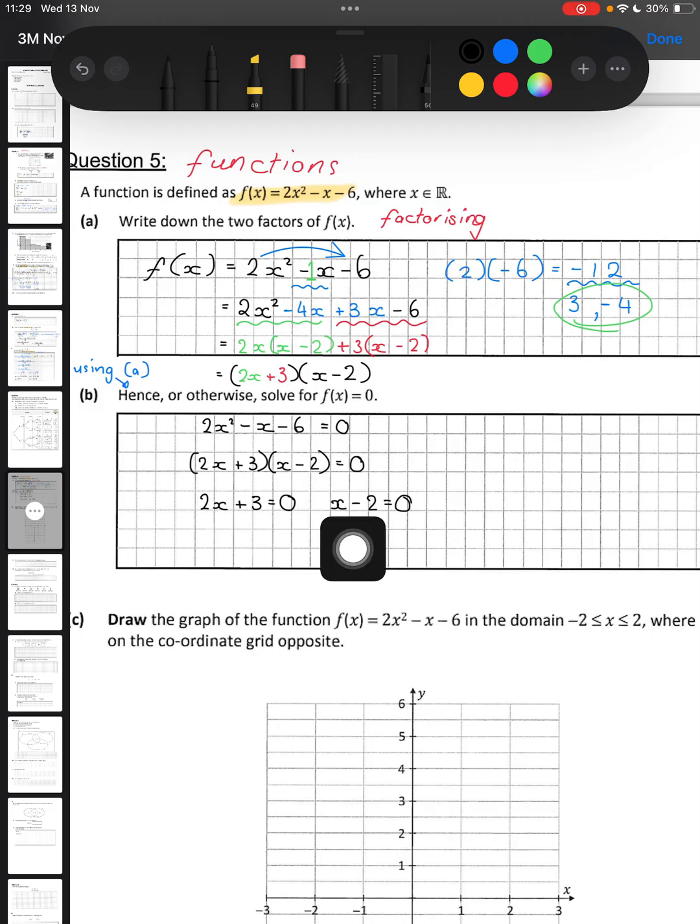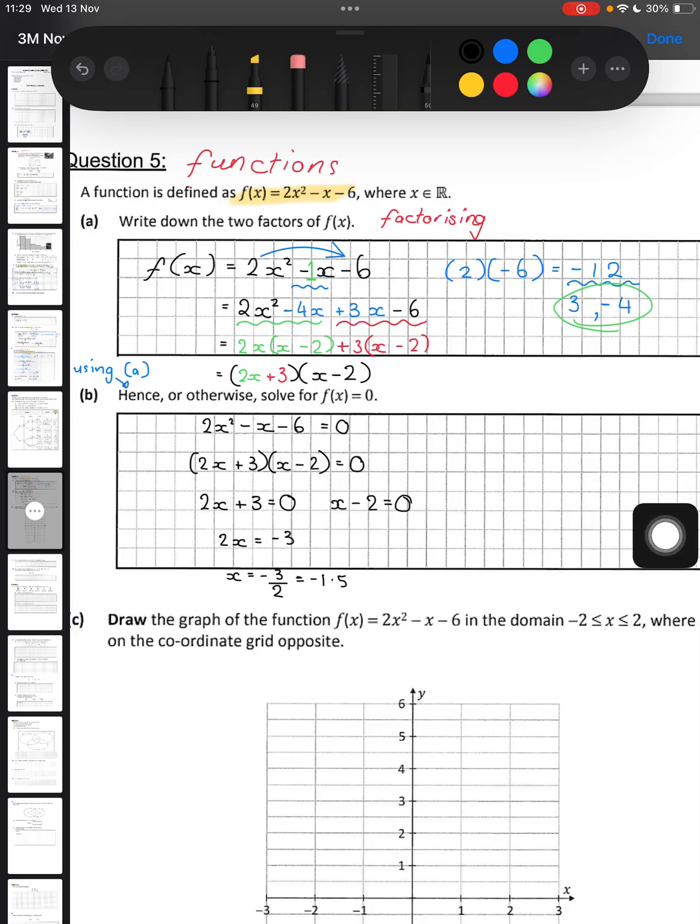I'm going to get rid of the 3 that's adding by subtracting, so I want to subtract 3 from both sides. And then I want to get rid of the 2 that's multiplying by dividing, so I'm going to divide by 2. So I have x is minus 3 over 2, or if you want to write it as minus 1.5, that's fine as well.